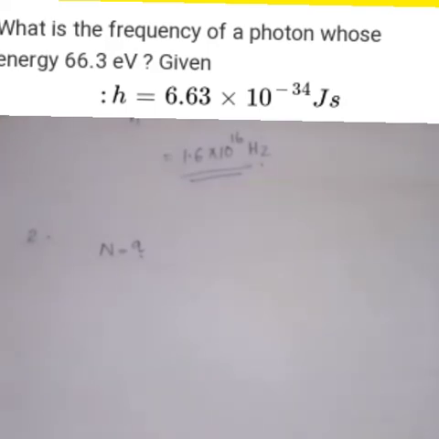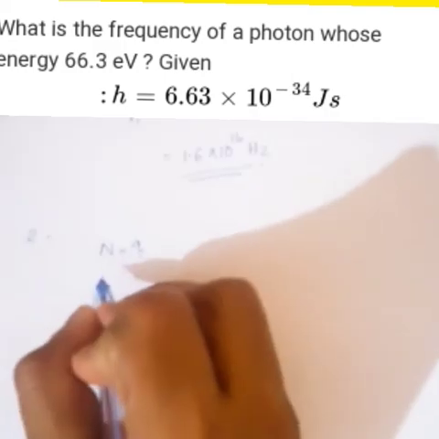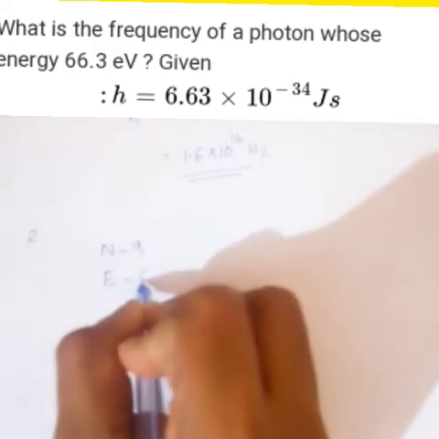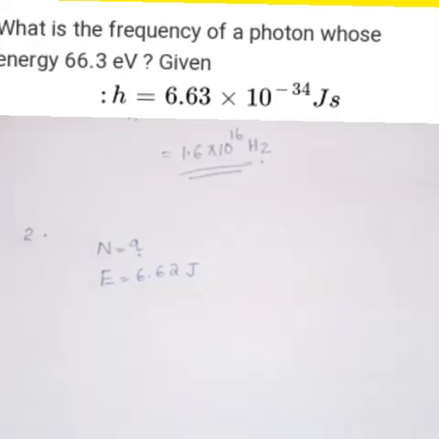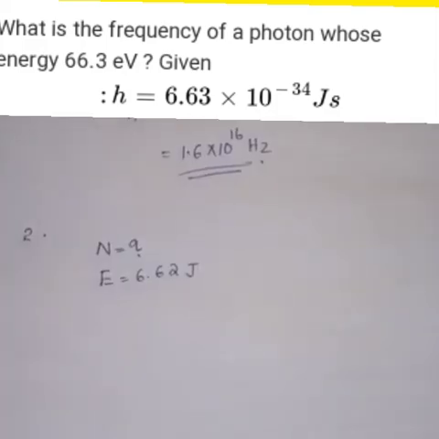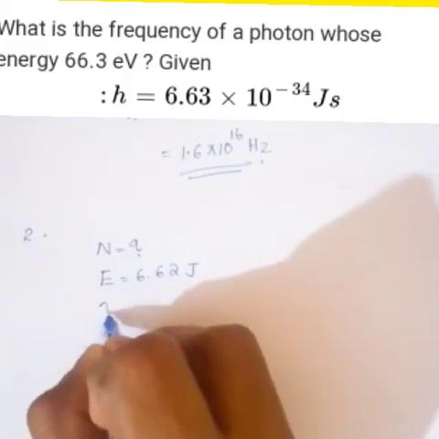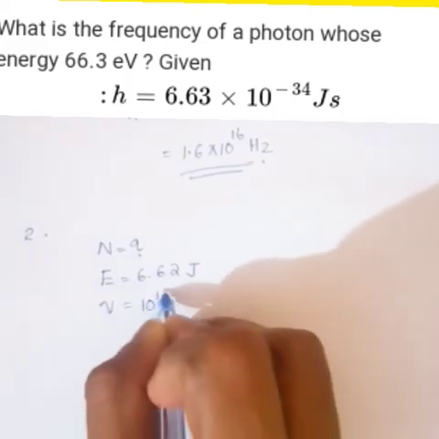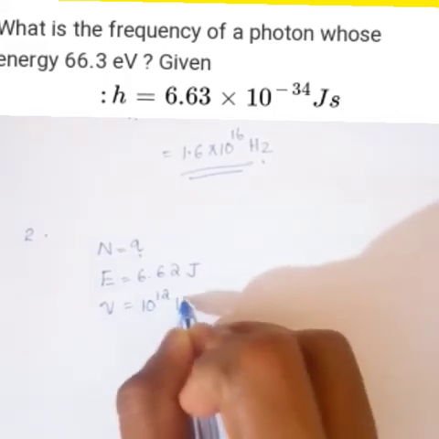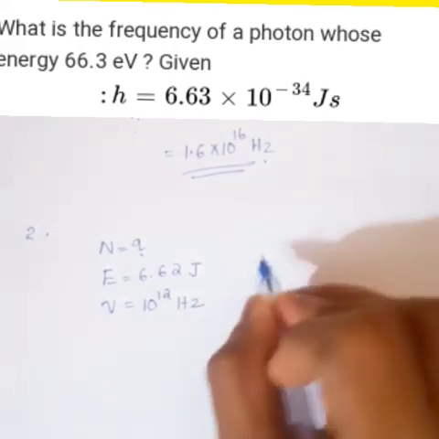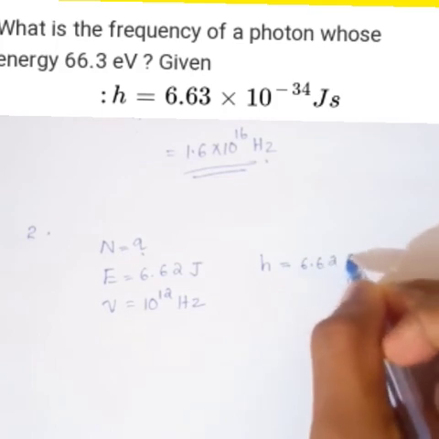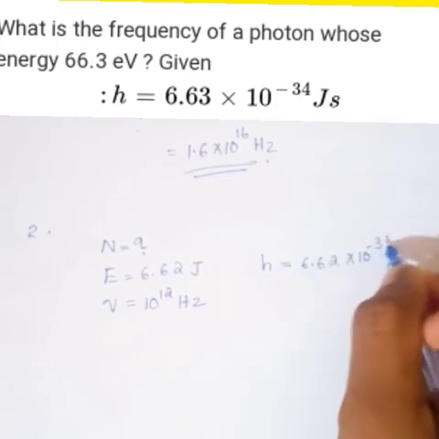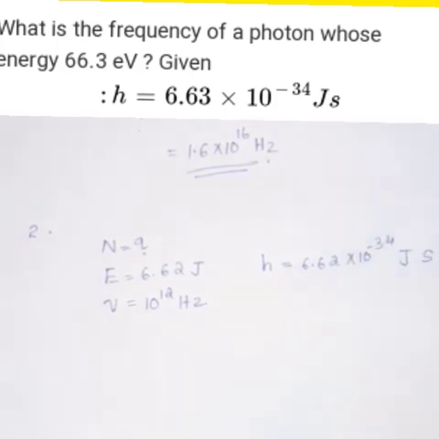The given terms: the energy is 6.62 joule, the frequency nu is 10 raised to 12 hertz, and Planck's constant is 6.62 into 10 raised to minus 34 joule second.